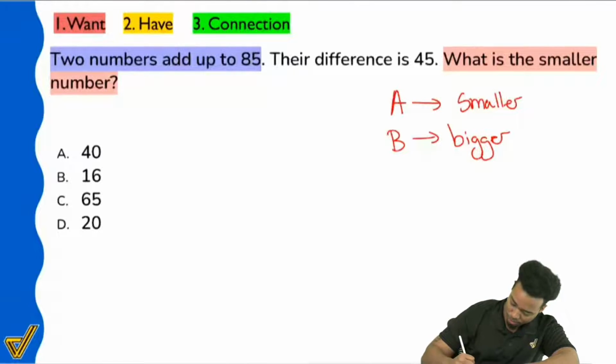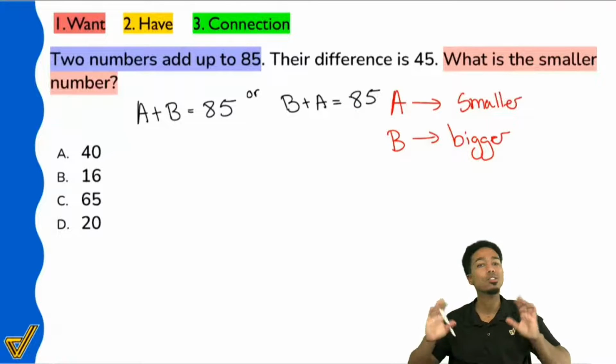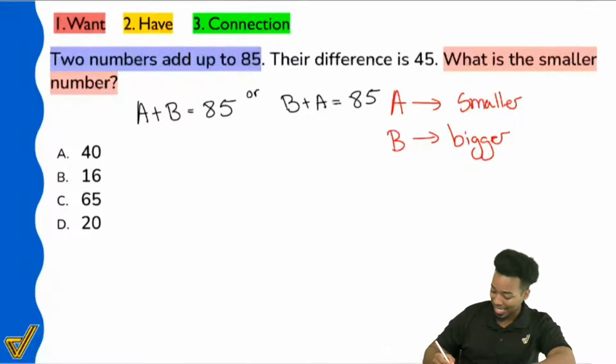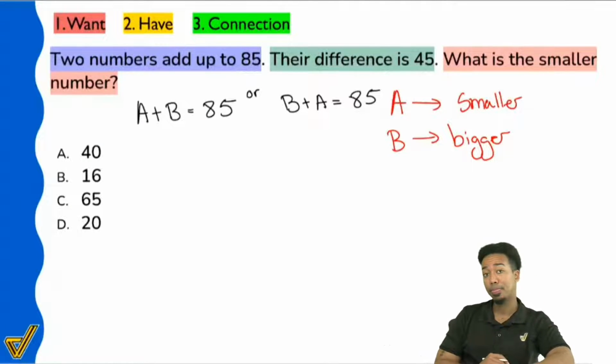I'll write that down right over here. A plus B equals 85. And then the other way we could say is B plus A equals 85. Either way is fine, guys. We'll pick which one we want in a second, because once we read the second sentence, it's going to say their difference is 45.